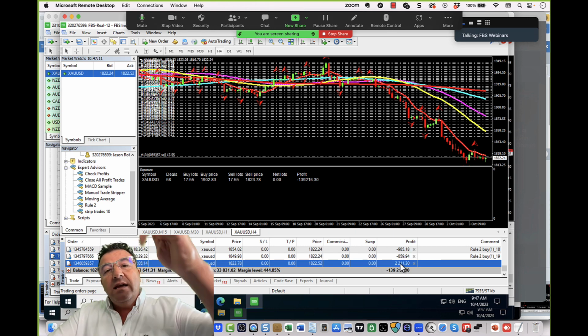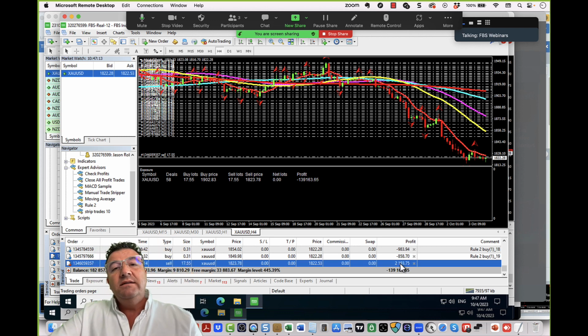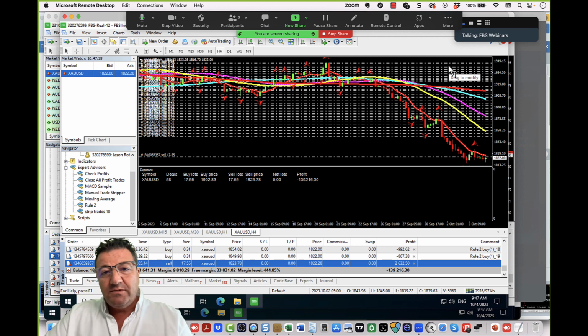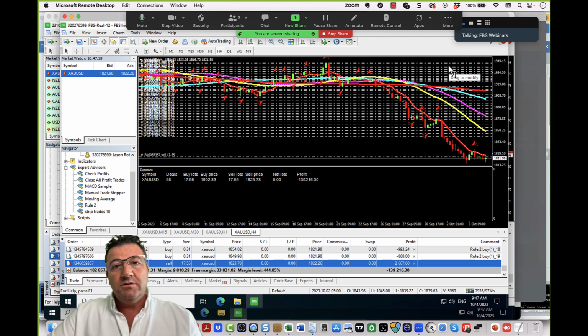When the second candle opens below the 8 exponential moving average, I would then close out some of your buy trades. Just a few. Now you're unhedged by a couple of pips, a couple of lots.